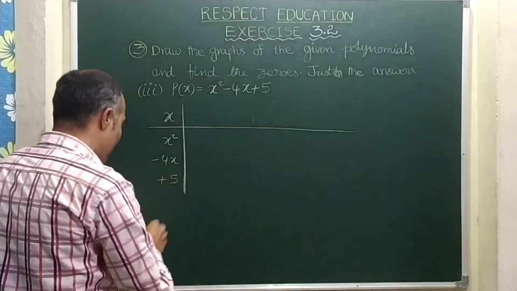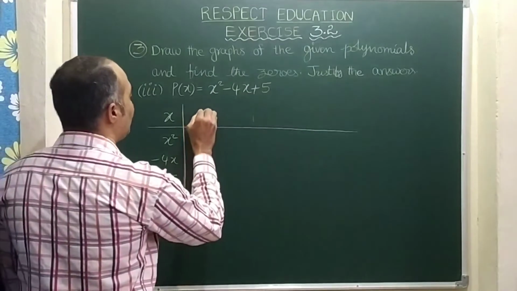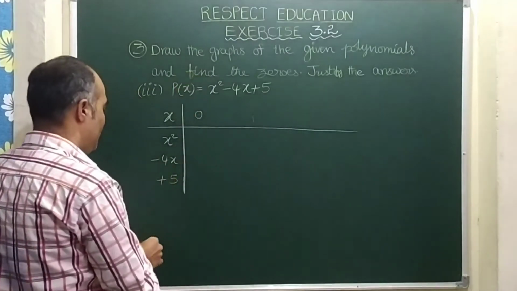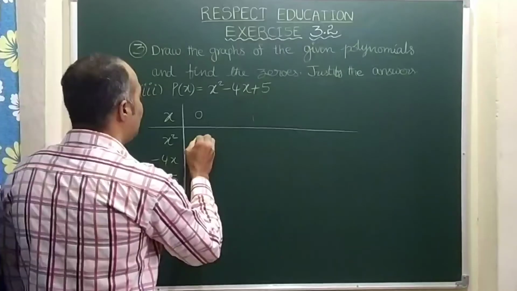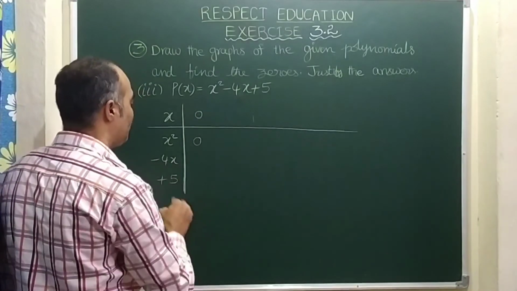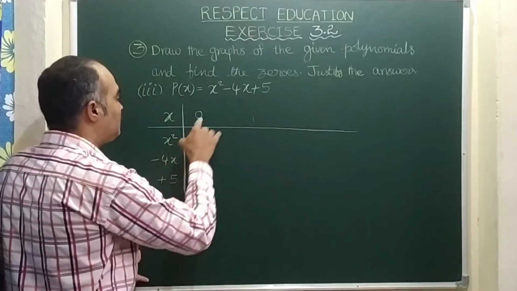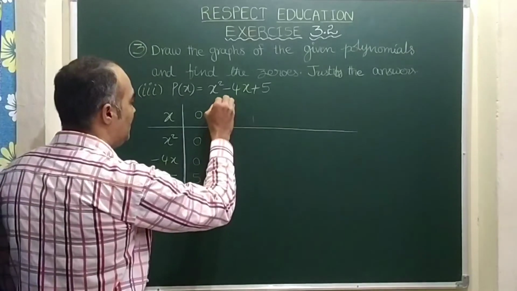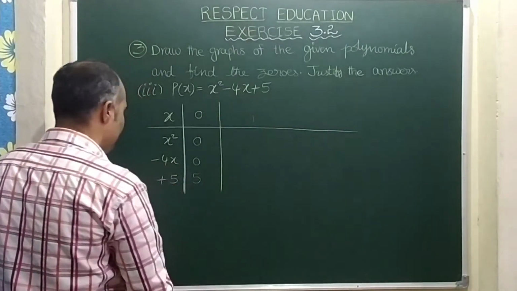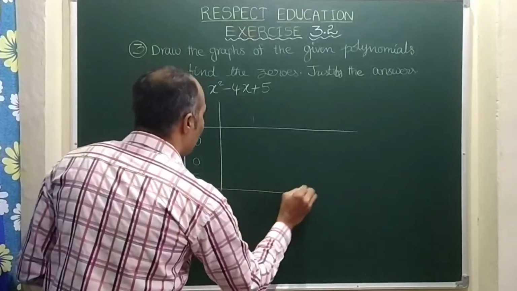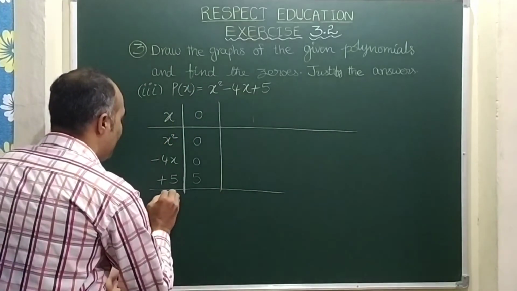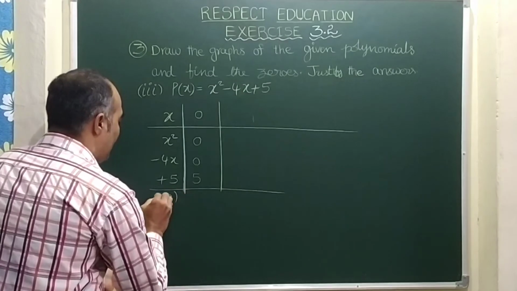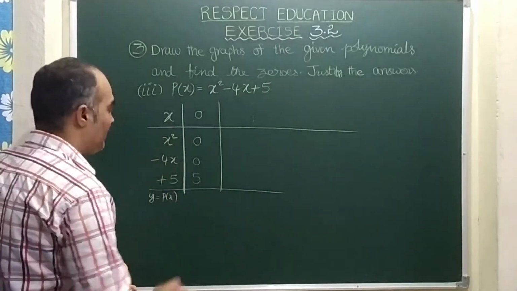As I told you, let us start x value from 0. If x is 0, so what happens? X square becomes 0 square, that is also 0. Minus 4 into 0 is 0, plus 5, let us write plus 5 as it is. Here we can write the polynomial value, that is p of x, as y.